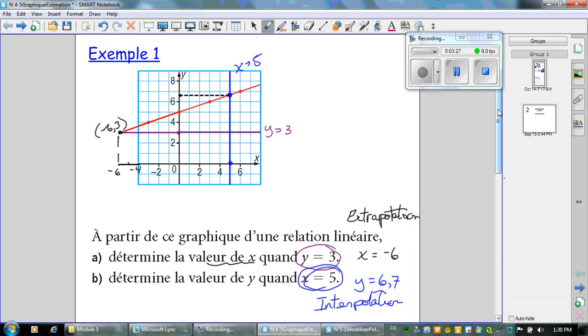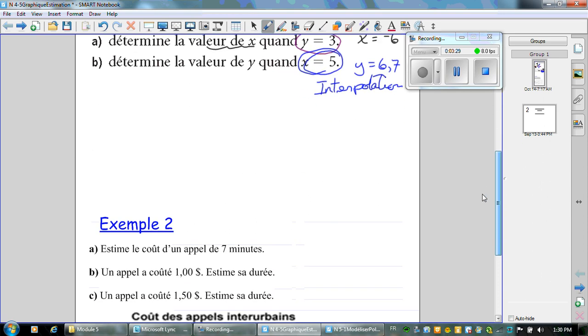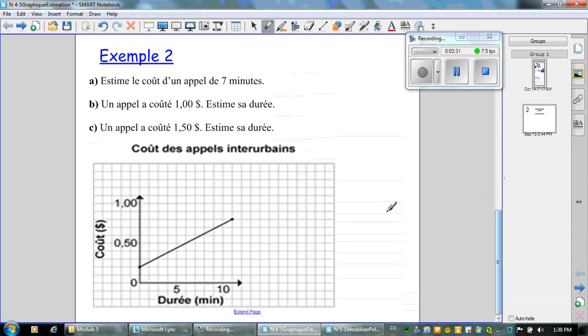Let's do another example. So here's a graph for the cost of phone calls outside the country. Okay, so we need to estimate the cost of a 7-minute call. The first thing you need to do is locate 7 minutes on your graph. Let's locate that. It's right 5 minutes here, 6, 7 minutes.